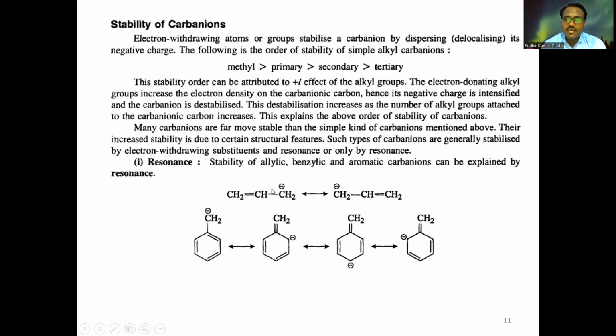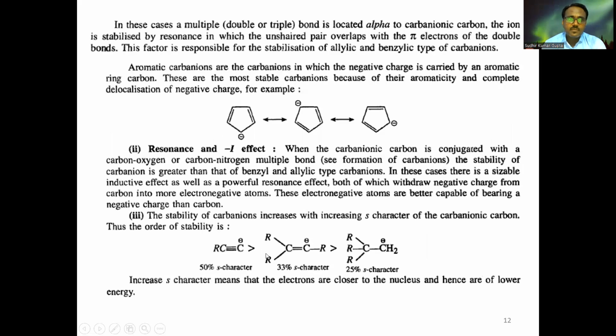In case of allylic carbanion, the stability is higher as compared to the tertiary carbanion, because in this case we have the chances for formation of more resonating structures. So for that reason, these allylic and benzylic or other aromatic carbanions are relatively more stable.